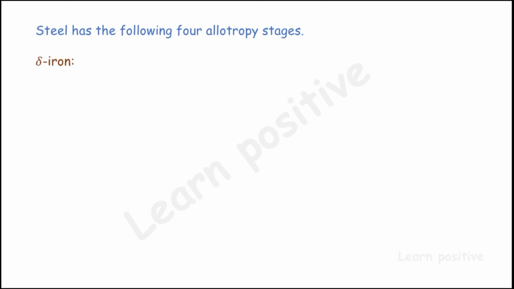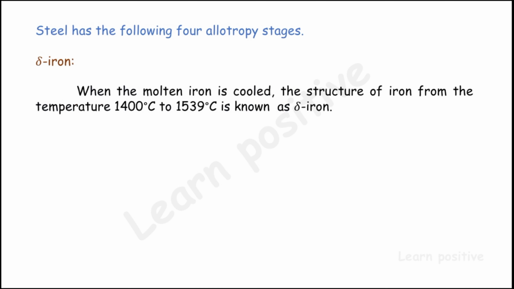After the metal reaches the molten stage, we cool it stage by stage. We cool the metal from 2000 degrees Celsius down to the temperature range of 1400 degrees Celsius to 1539 degrees Celsius. This is known as delta iron.